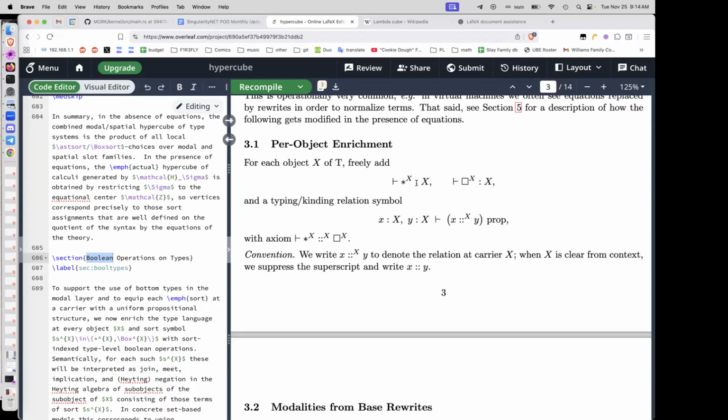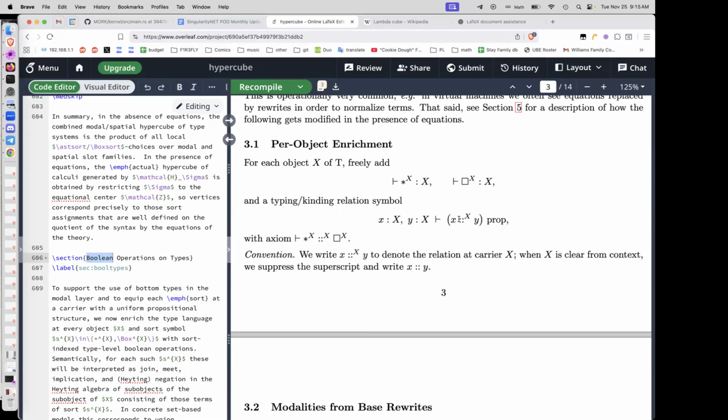Now, this colon here is saying that this thing is a term of that type, of that, let me say, shape. So this is a term of this shape. So if X is process, star is a new process, and box is a new process. We can think of these as morphisms from the terminal object to this one.